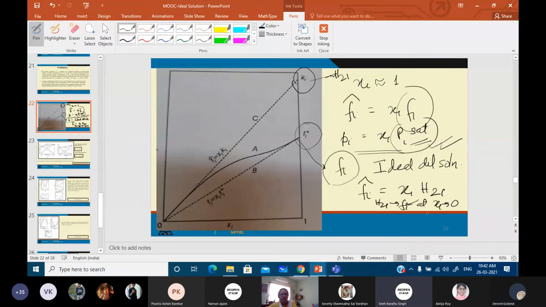Yes, ma'am. So just like non-ideal solutions, we will also have non-ideal dilute solutions, which we will not be dealing with. We'll just be dealing with ideal solutions and non-ideal solutions. It is sufficient for you to remember that there is also a concept of non-ideal and ideal dilute solution, which are applicable for liquid solutions of gaseous and solid phases.